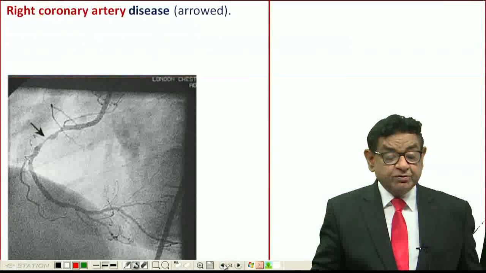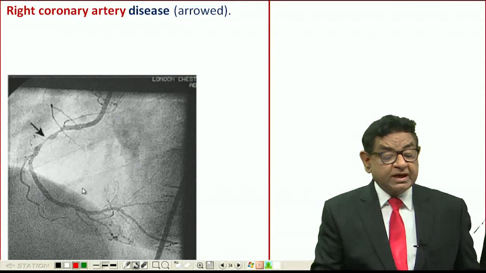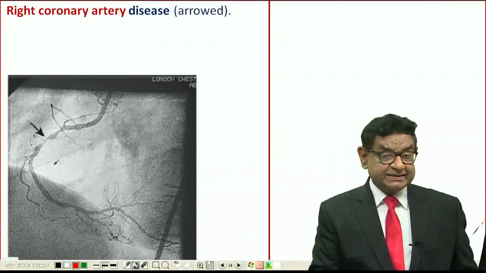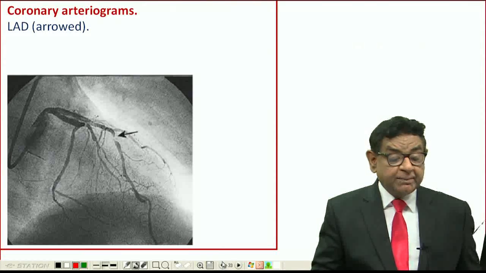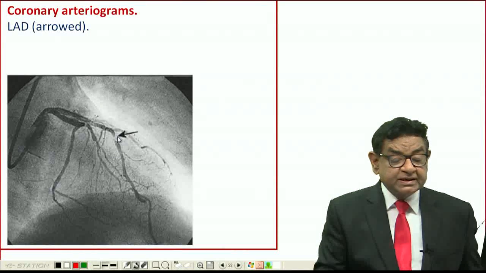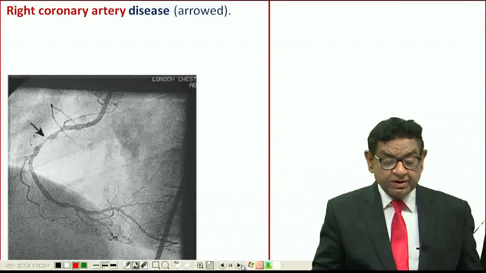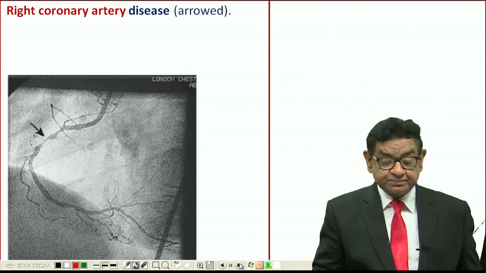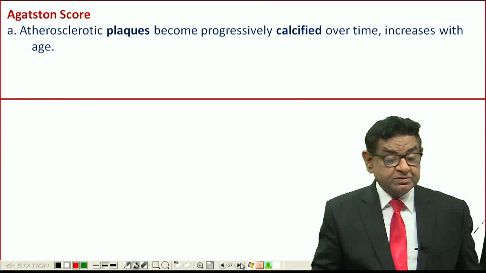Now if I have to go by this, I think some flow of blood is there, so this will be stage 2. And about this also, I think it's a little bit of flow, maybe stage 1 we can see, or stage 2. So I hope you are clear about the TIMI grading system also.